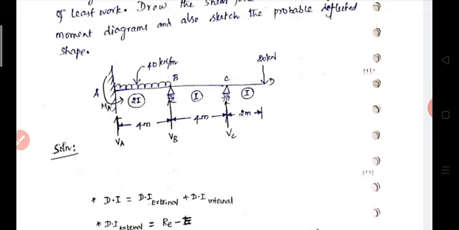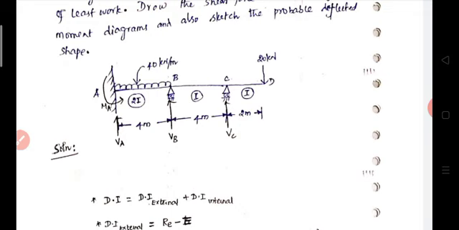Or you may select MA and VC as the 2 redundants, so it becomes a simply supported beam with overhang. It is an overhanging beam, simply supported span is 4 meters, overhang 6 meters. So whatever it may be, out of 4 support reactions you may select 2 redundants in different combinations.